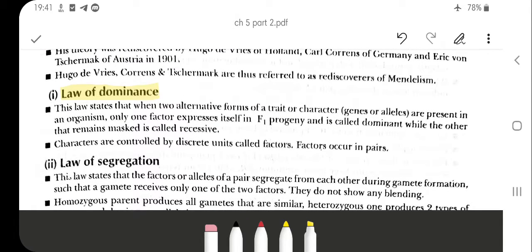That law states that when two alternative forms of a trait, or two contrasting traits or characters or genes which are alleles to each other are present in an organism, for example tall and dwarf, only one factor expresses itself in the F1 generation, and that factor is known as dominant, while the other that remains masked or concealed or unexpressed is known as recessive.